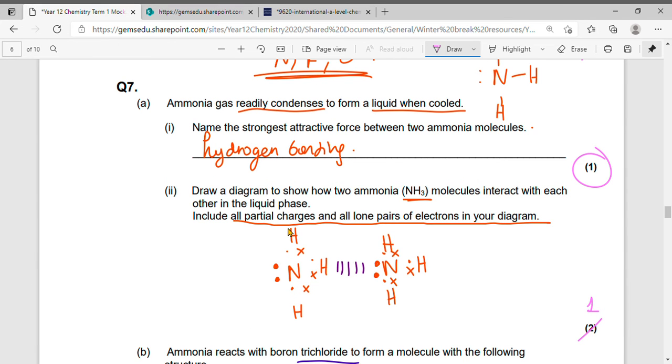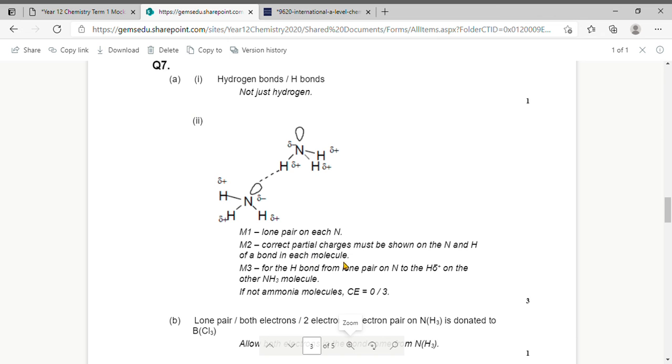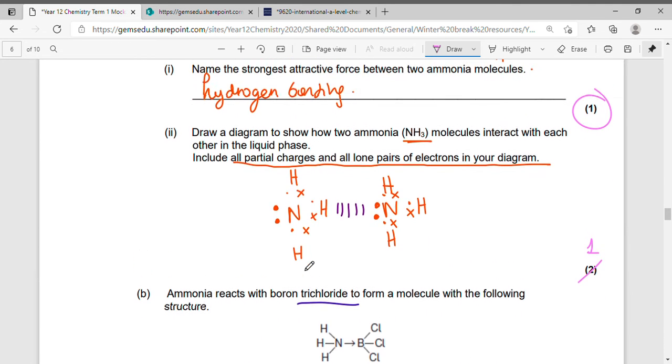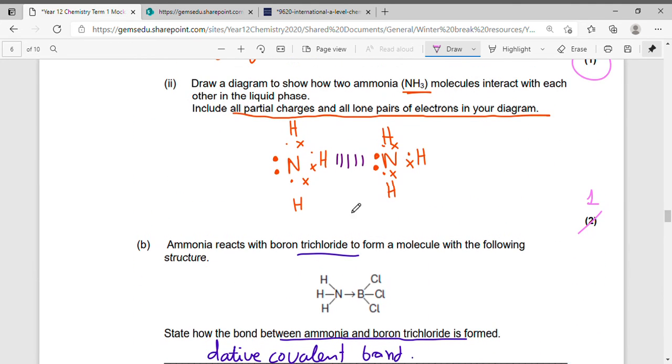Sorry. Wait, hold on. Why is this out of 3 here? I think there must be a mistake. But anyways, I'd just like to draw the correct diagram here. So N, we have 3 H's, and these are partially positive.